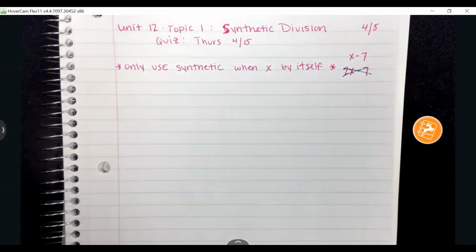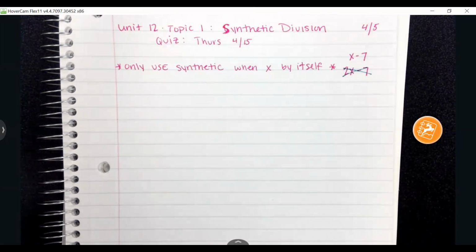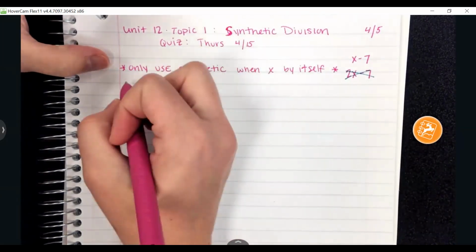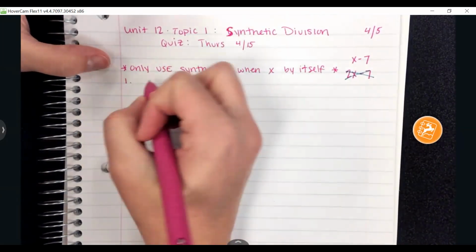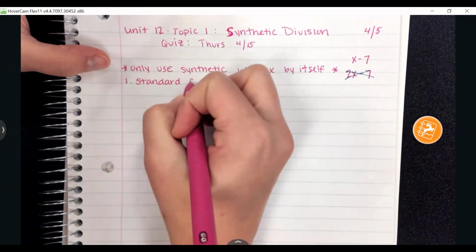We're going to write down 4 steps and then we're going to do the problems. It's going to look confusing, but I promise it is very simple if you follow what we write. Okay, so step number 1, it still needs to be in standard form, just like long division.